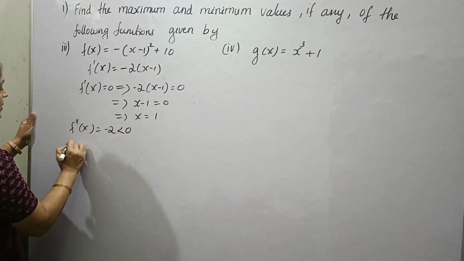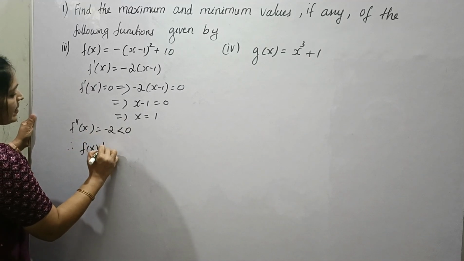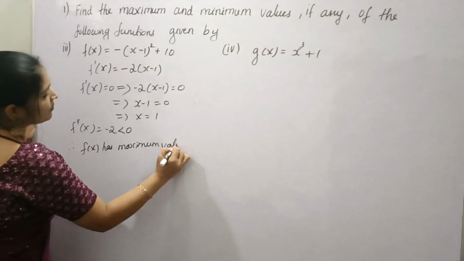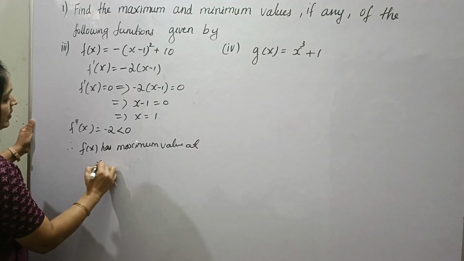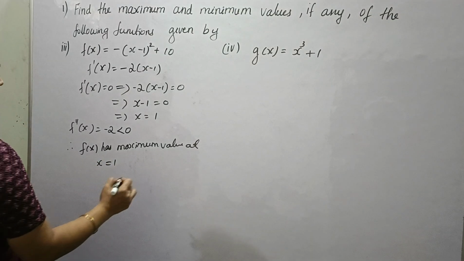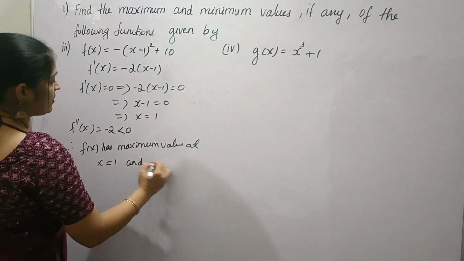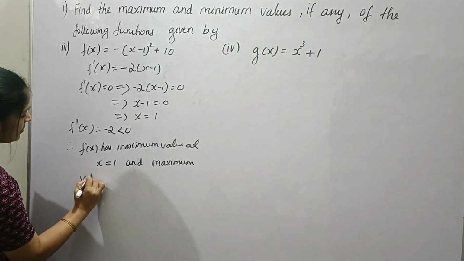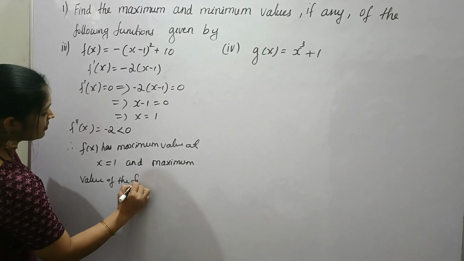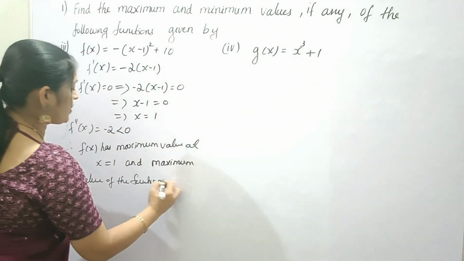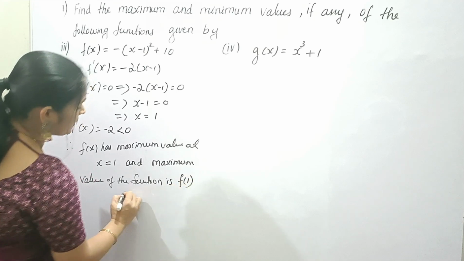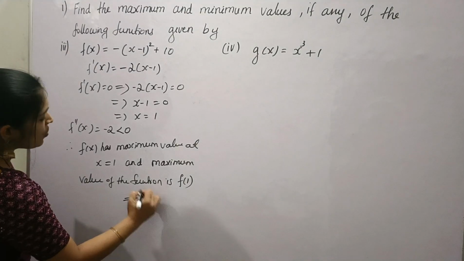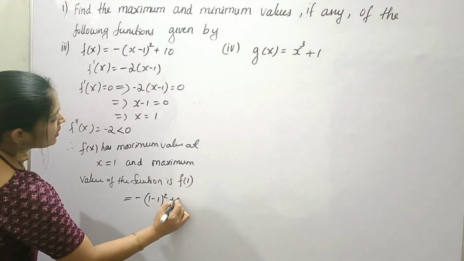So here f of x has maximum value at x is equal to 1, and the maximum value of the function is f of 1, that is equal to, substitute x is equal to 1, minus of 1 minus 1 whole square plus 10.